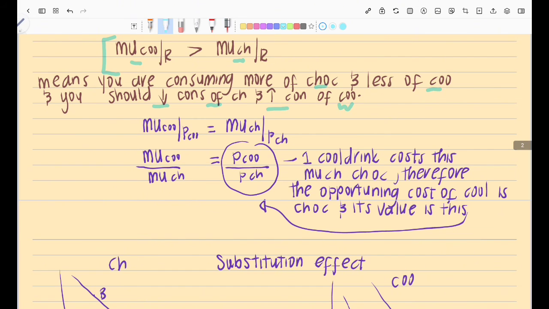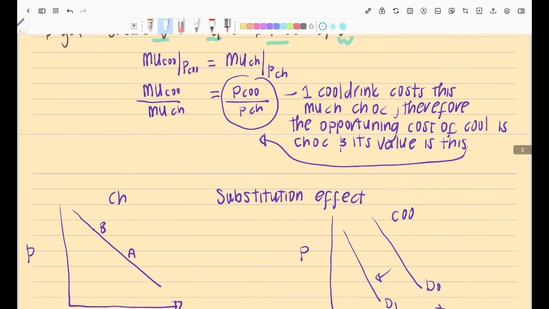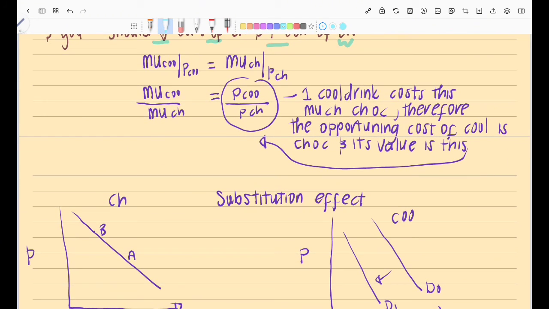So you ask yourself, if you value that thing more, what does it mean? It means you are consuming less of that thing, meaning its marginal utility is going to be more, right? So yeah. And then if you were to go back to where they are equated and you just rewrite this, so just rearrange.